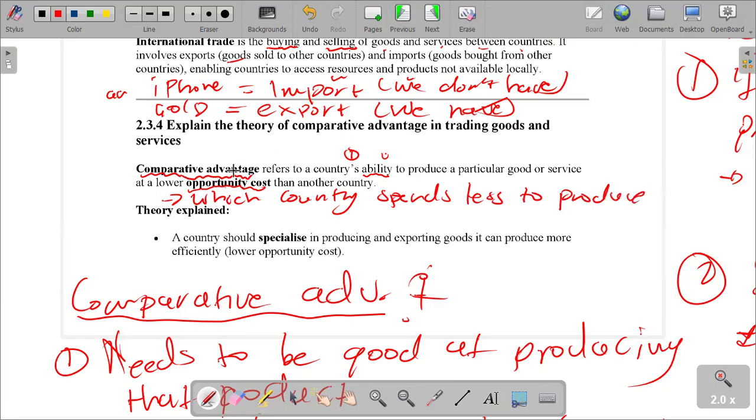So comparative advantage means which country spends less to produce that particular product.